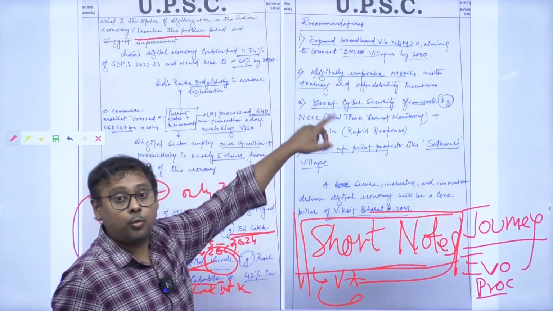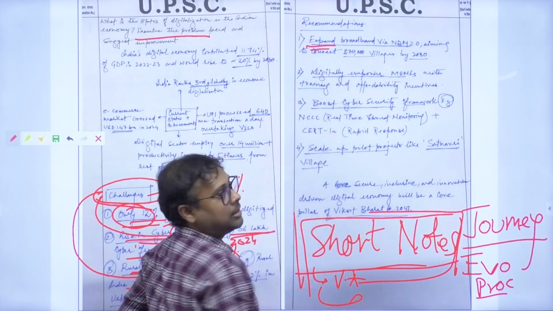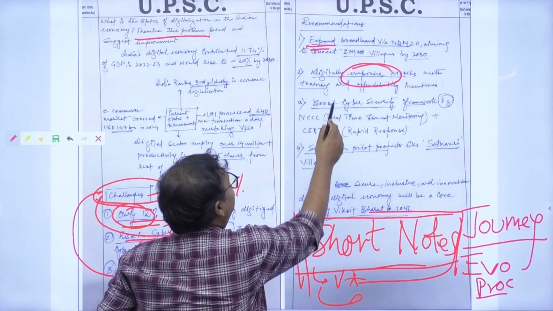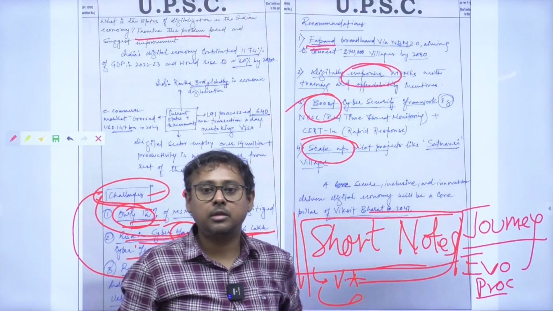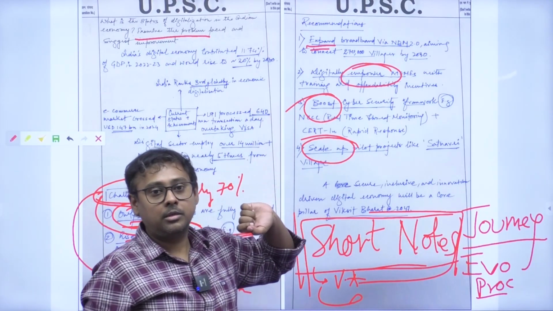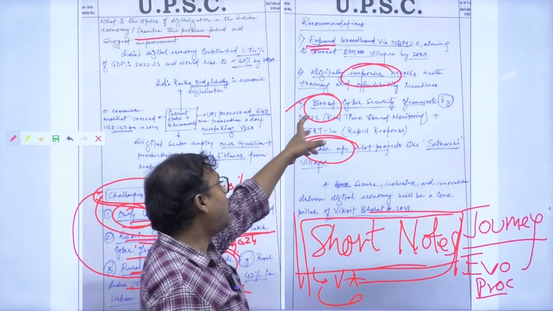Now, recommendation. When I was talking about using your verbs: expand, empower, boost, scale up. These are the words. If you have the stock of these words, you will never have a problem writing short dimensions.